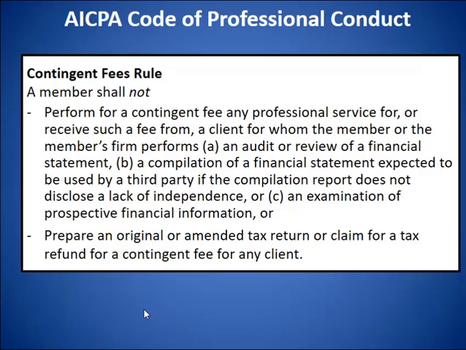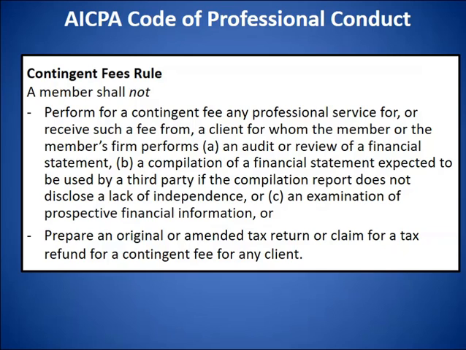Let's talk about the contingent fees rule. Basically, a member shall not perform for a contingent fee any professional service for, or receive such a fee from, a client for whom the member or the member's firm performs, A, an audit or review of a financial statement, or B, a compilation of financial statement expected to be used by a third party.